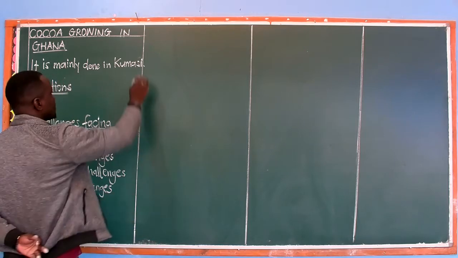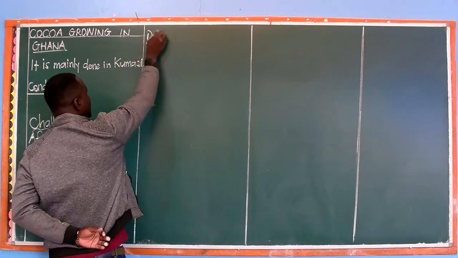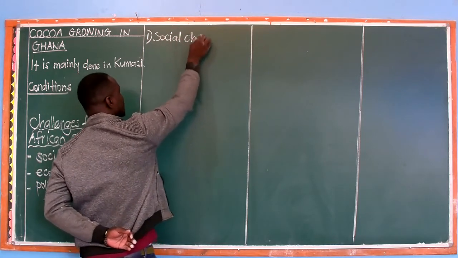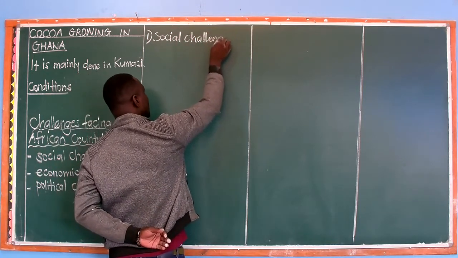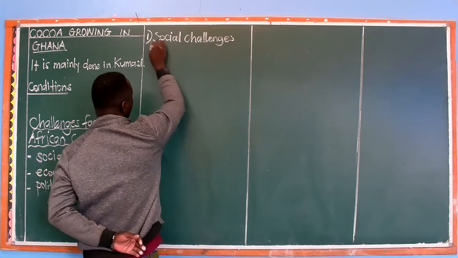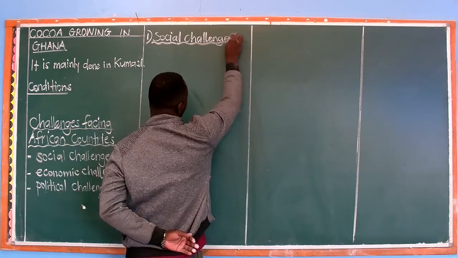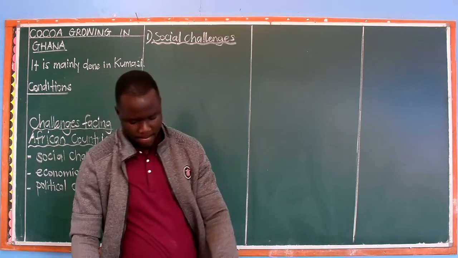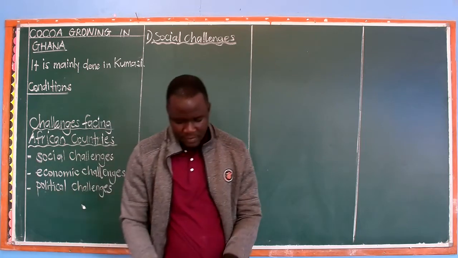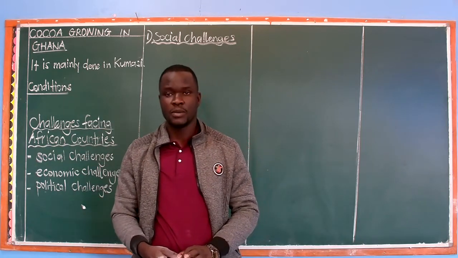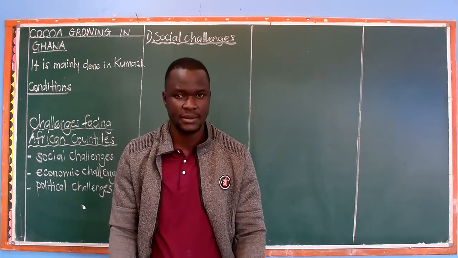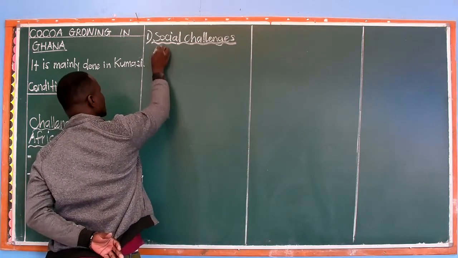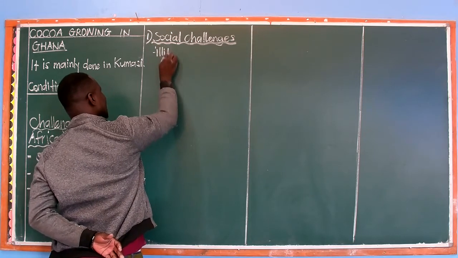To begin with, we have the social challenges. Now, with these social challenges, we have problems like illiteracy, that is the inability of people to read and write.